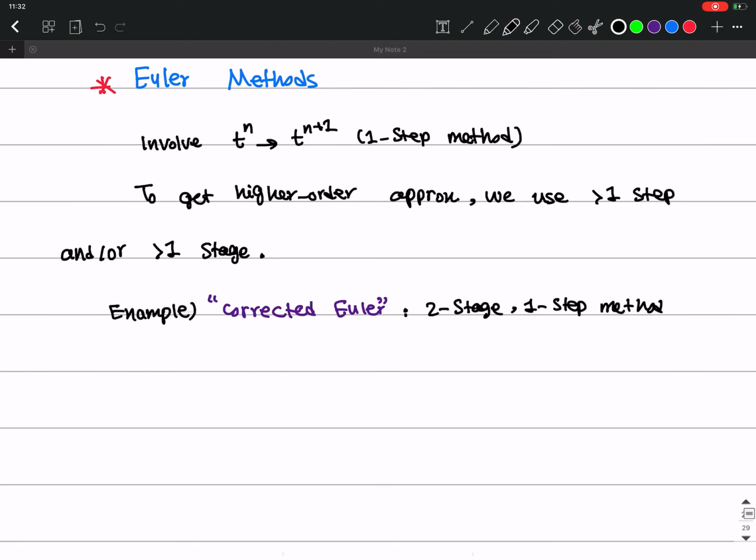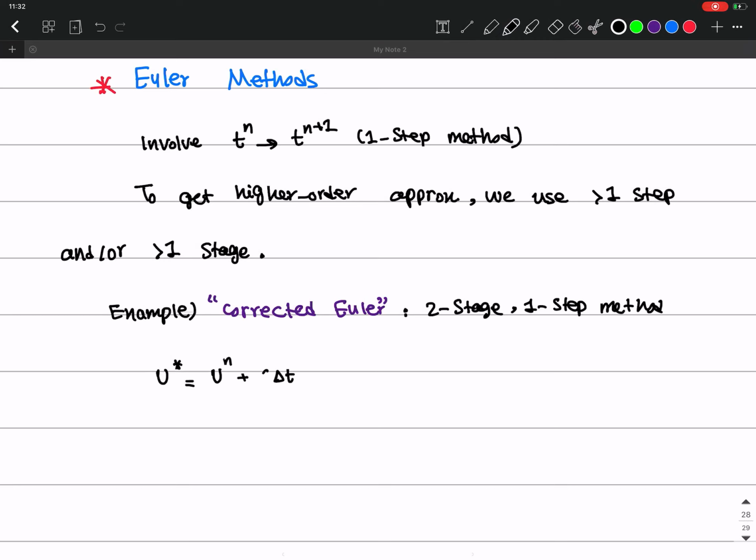So let's see how it is. The way we are going to define it is that u star is a kind of middle stage. The solution is un, or what we call the forward Euler predictor step.